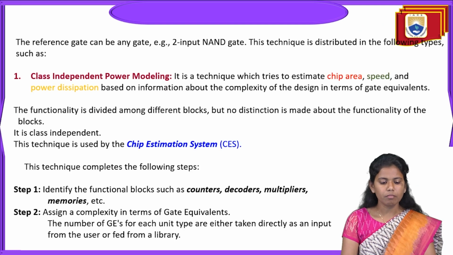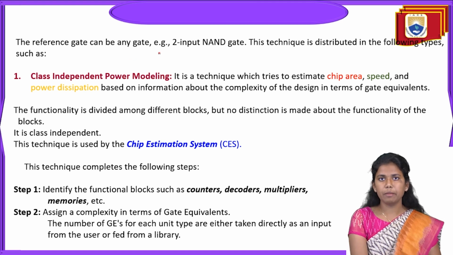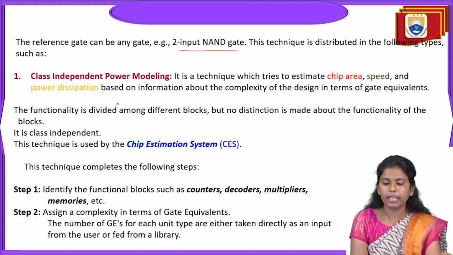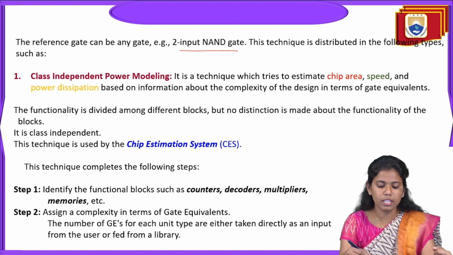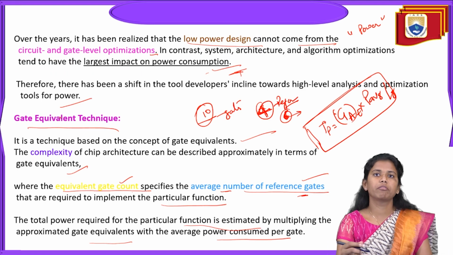The reference gate can be any gate; for example, here 2 input NAND gates are given. This technique is distributed in the following types. These are the power estimation techniques with respect to the gate equivalent technique.